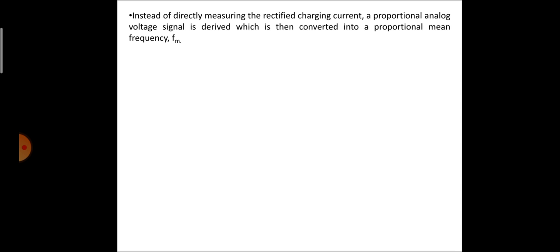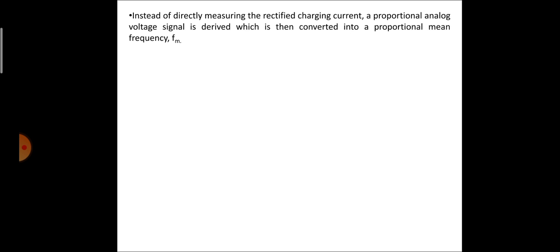Instead of directly measuring the rectified charging current, a proportional analog voltage signal is derived, which is then converted into a proportional mean frequency Fm. Earlier, in series peak voltmeters, Im was proportional to the voltage, the charging current.